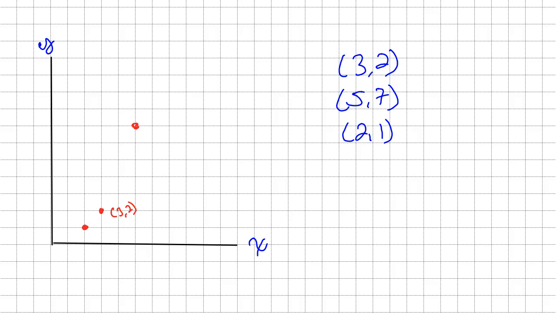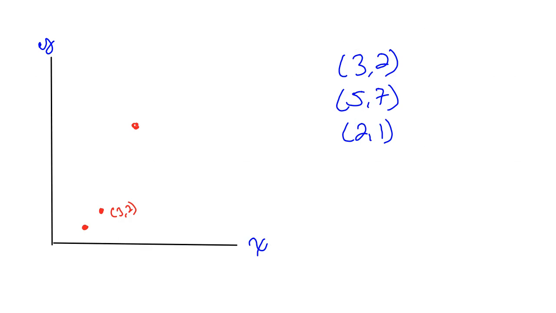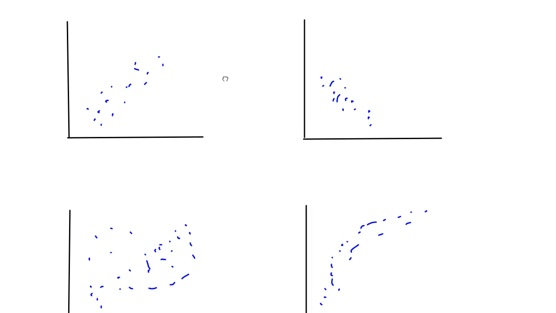Now if I take my grid lines back off so that I can look at my other information and at some different associations that we have. We have different types of associations. If you look at this first one, this is my y and this is my x.